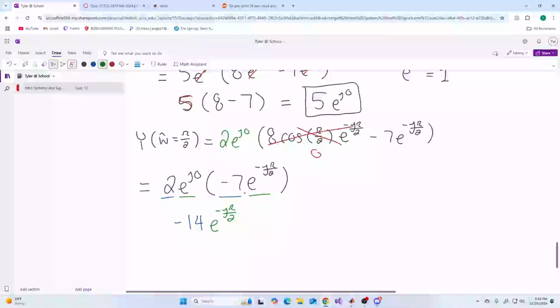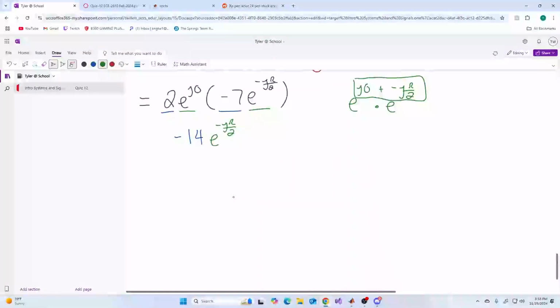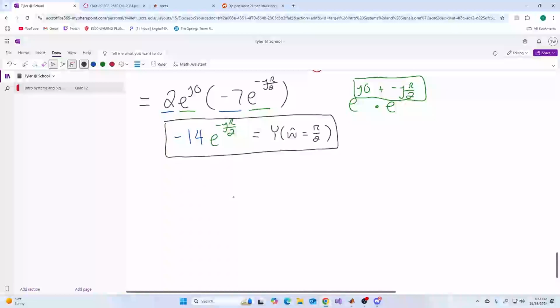When you have e to the j 0 times e to the negative j pi divided by 2, you're just adding these together. So this is our answer for y at w hat equals pi divided by 2. I'm just going to circle that, or box that off. Alright, now we have our last one.